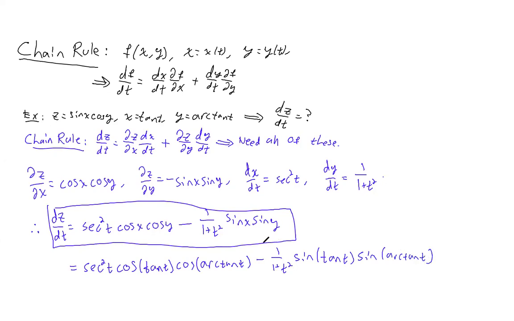If you want, you can leave it in this form as well, but there's no real advantage to doing that. And as you can see, it gets pretty ugly pretty quickly. So it's fine to leave it in our boxed answer. There's absolutely nothing wrong with that.